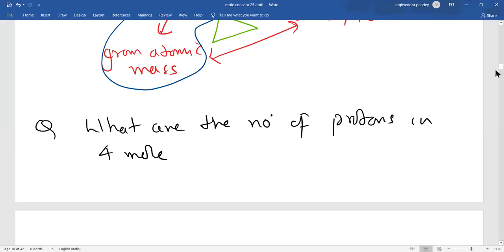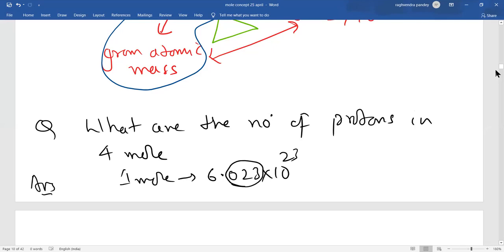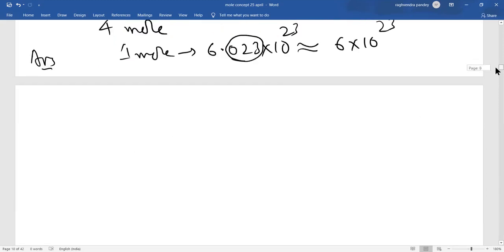24 into 10 raised to 23. Okay, so what is the problem? There should be no problem, I think. 1 mole is this much, 6.023 into 10 to the power 23. Now you can omit the 0.023 because it is very less, and approximately write it as 6 into 10 to the power 23, because you are doing calculation by hand and not by calculator.